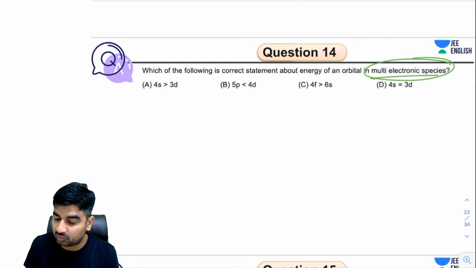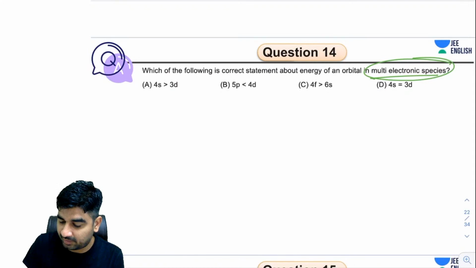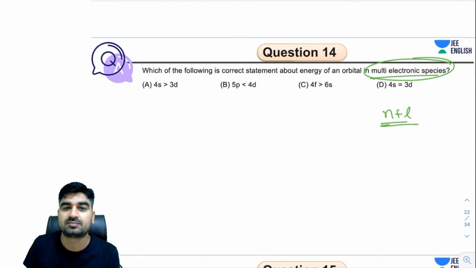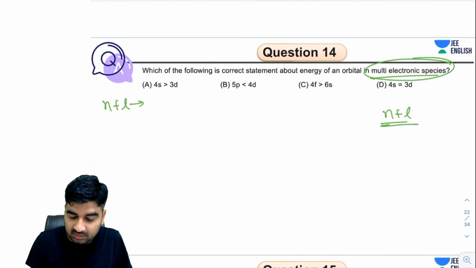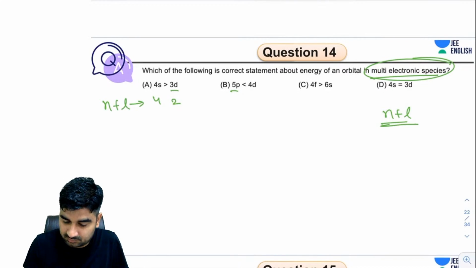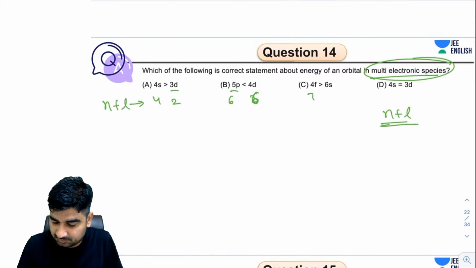So multi-electronic, how will you calculate energy? With the help of the N plus L rule. So if you find N plus L for 4s, it will be 4. For 3d, it will be 5. For 5p, it will be 6, sorry, 7, 6, 4, 5.